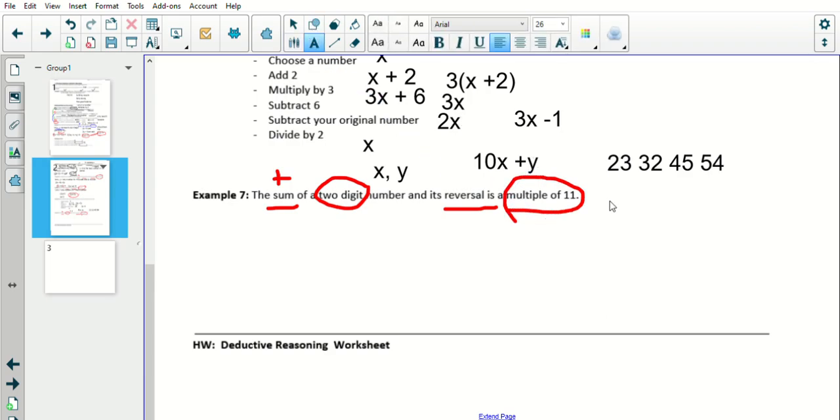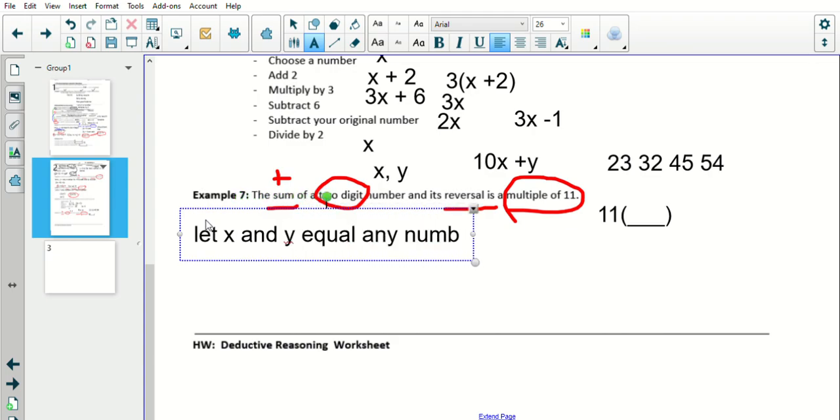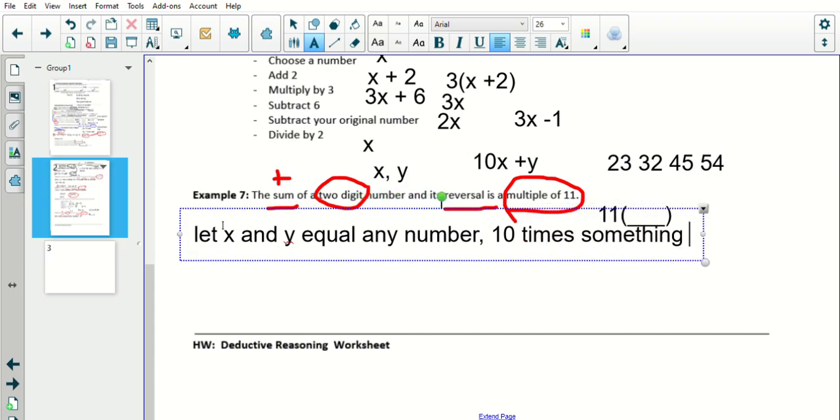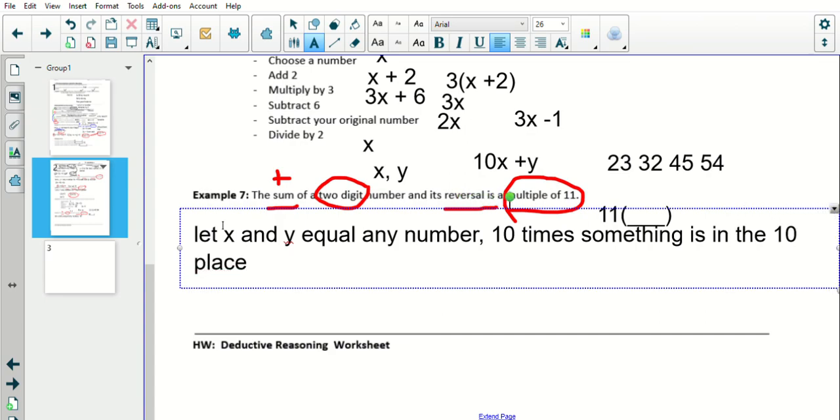And what that means is at the end, I should have something that looks like this. Okay? So I'm going to say let x and y equal any number. Any number. Can be anything. Okay? Where 10 times something is in the tens place.